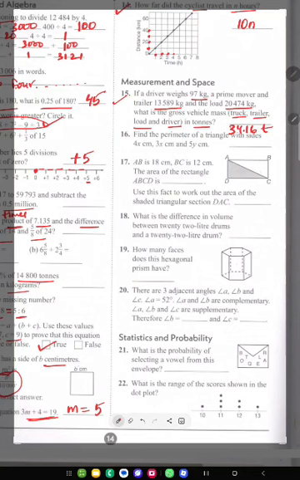Moving on. Question 16. Find the perimeter of a triangle with sides. So I have a triangle and the sides are 4x, 3x and 5y. To find the perimeter, I should add them, 4x plus 3x plus 5y. In algebra, we can only add like terms.